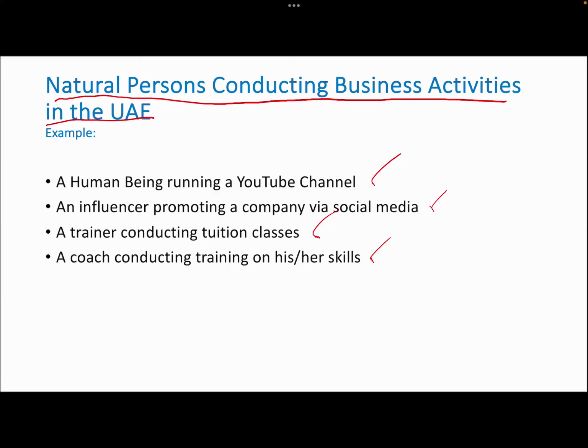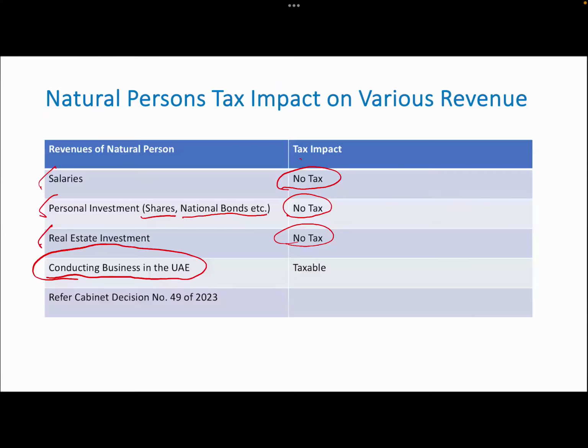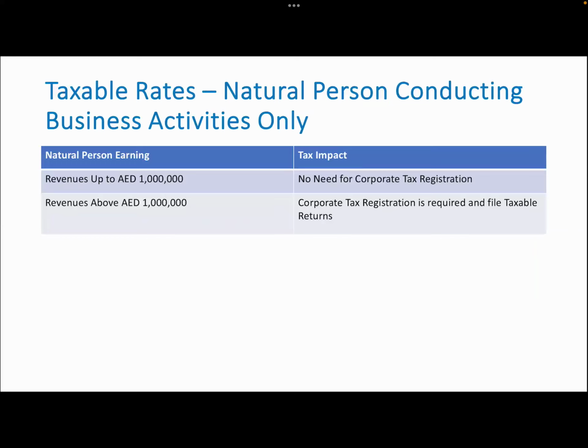You may be a coach who's training on her skills. So these are the business activities in the UAE. Now these business activities are taxable. Whatever I have spoken over here is all listed in Cabinet Decision number 49 of 2023. Now let's go to the next slide.